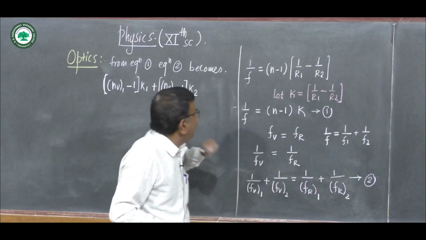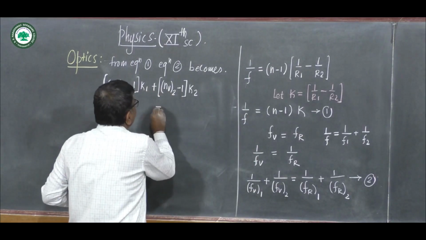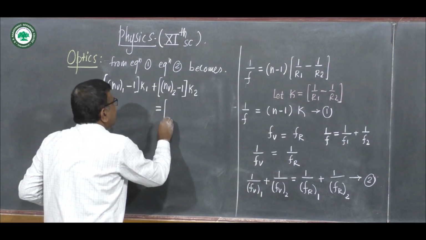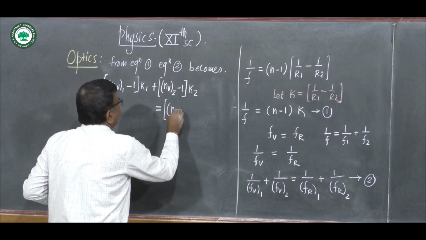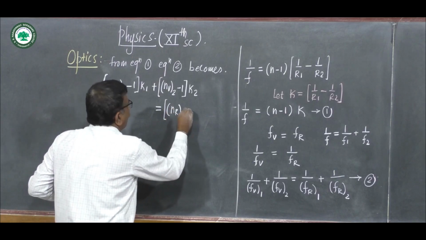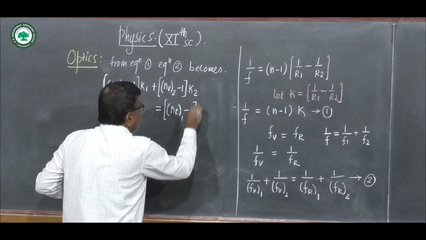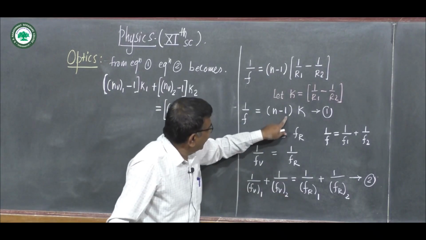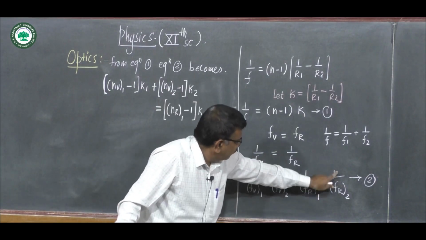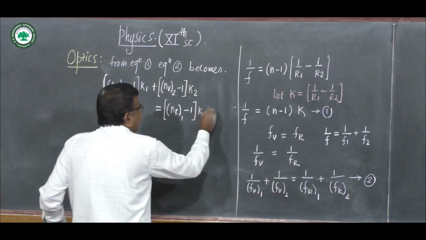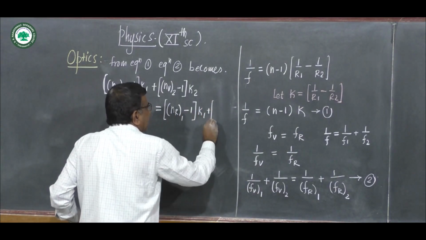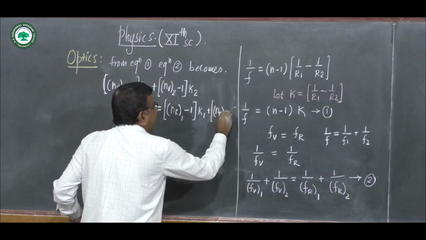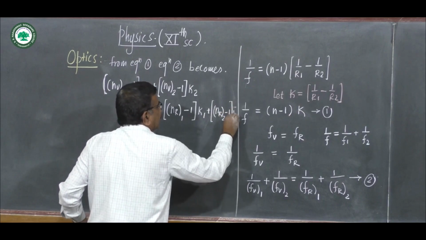Similarly, 1 upon FR1 is equal to (nR1 minus 1) K1, plus 1 upon FR2, that is (nR2 minus 1) K2.